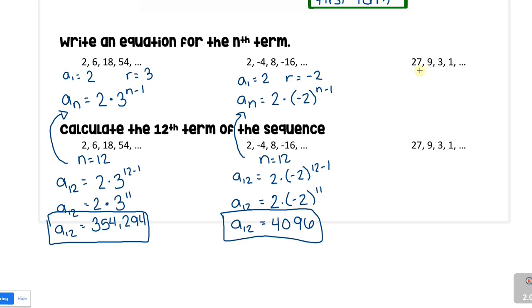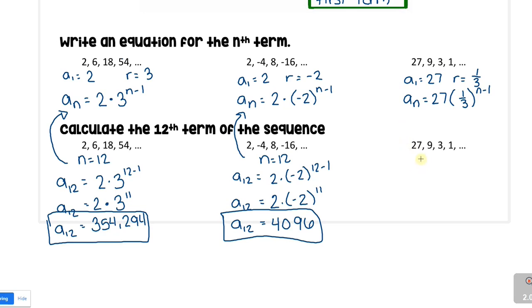Let's look at the last problem here. Your first term is 27, and your common ratio going in between, you are dividing by 3 each time, but we write it as 1/3. So a sub n is equal to 27, which is our first term, times 1/3 raised to the n minus 1.